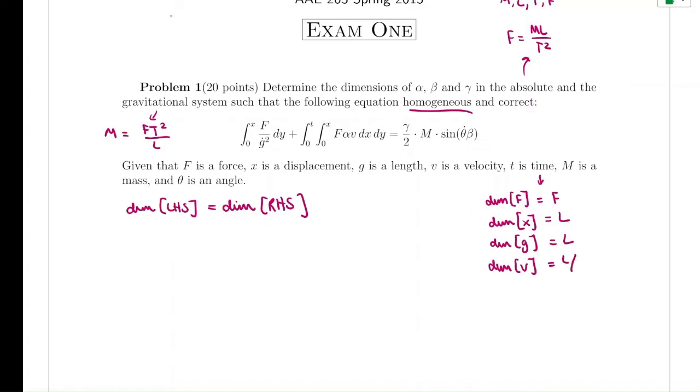So it's a length over a unit time. The dimension of T is time because it says so, and the dimension of M is mass because it also says so. And the dimension of theta, which is an angle that we express in radians, is dimensionless. So it would have a dimension of 1.